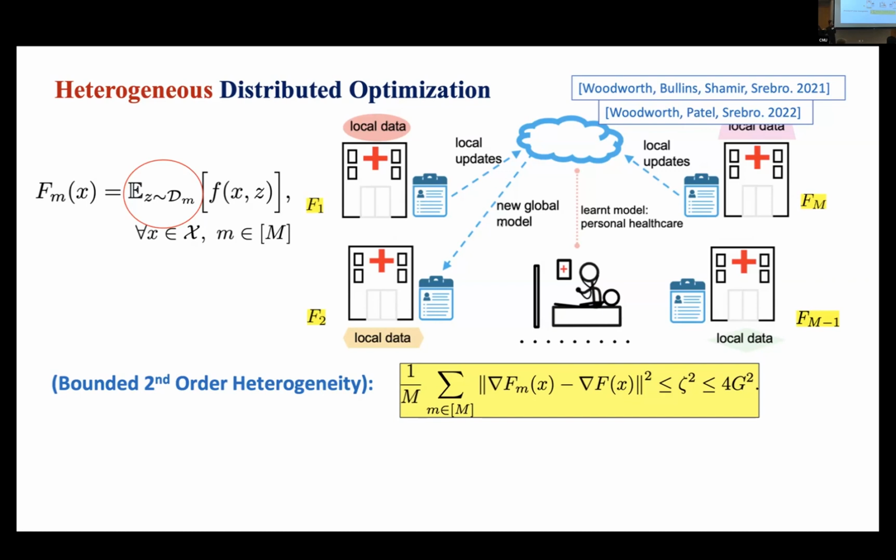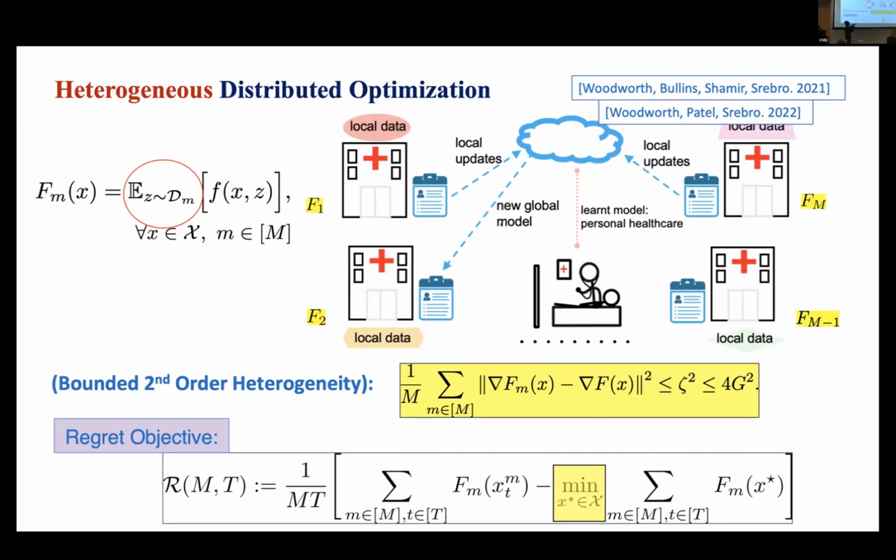But if xi is small, maybe the distributions are not too different, and we can still hope to exploit the aggregation of the datasets from multiple servers. And the regret objective remains the same. It's exactly the same loss function. I'm predicting x_t^m at time t for machine m, and I'm comparing myself with the fixed best predictor in hindsight, the theoretical best predictor in hindsight.